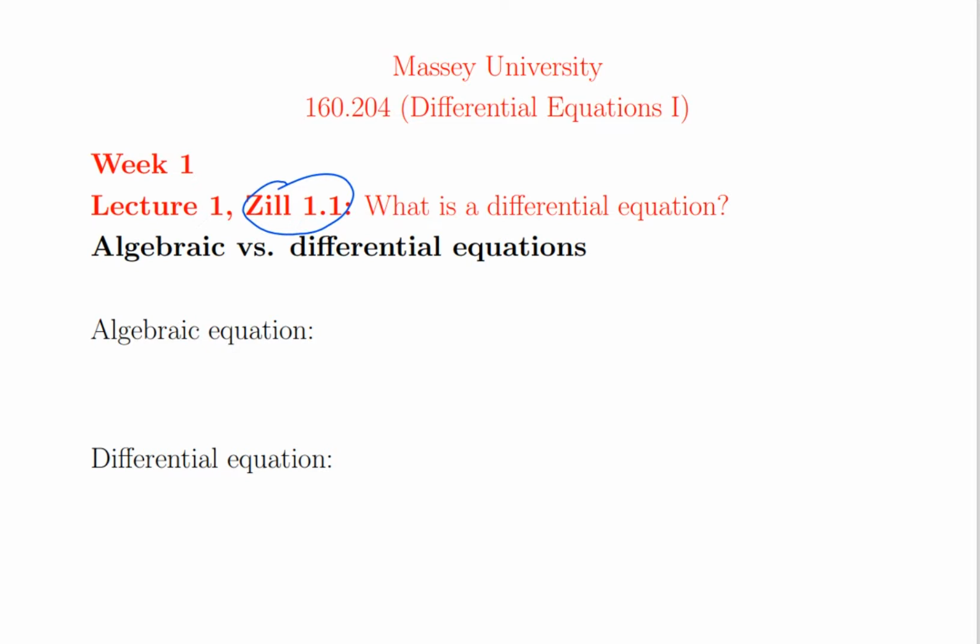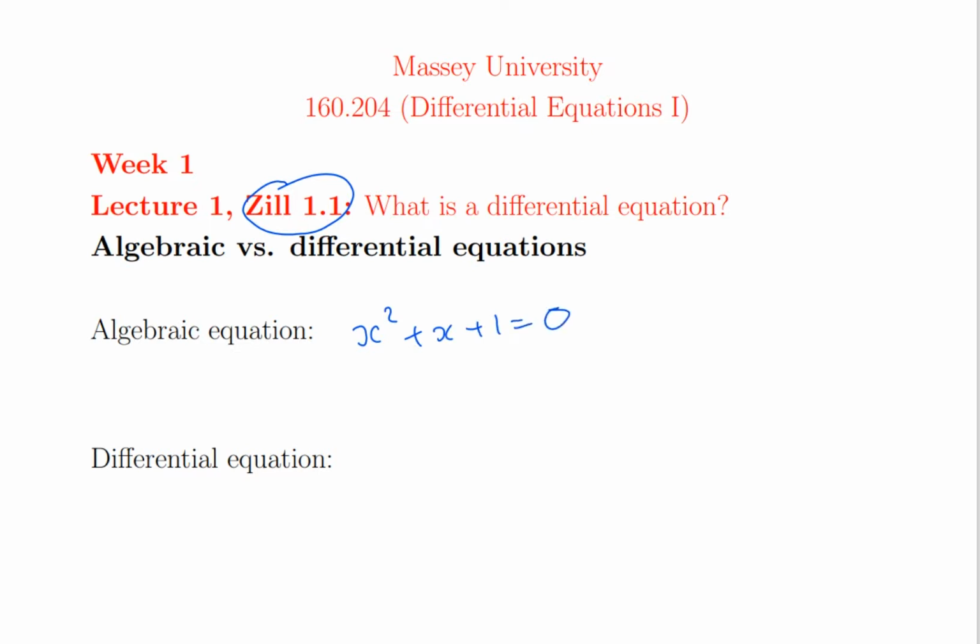So first off, what is a differential equation? We meet equations all the time, of course. That's the workhorse of virtually all of mathematics. But here we want to contrast algebraic equations with differential equations. An algebraic equation would be something like x squared plus x plus 1 equals 0.